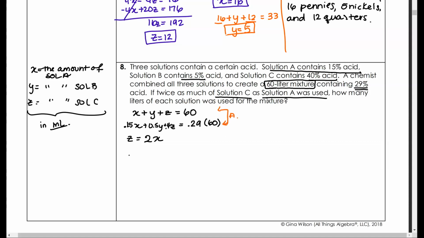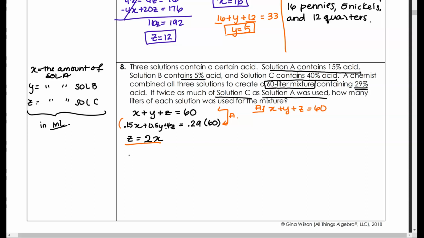And we're going to combine them and get rid of Y so that I can use this last equation. So here is our A. So I'm going to have X plus Y plus Z equals 60. And then I'm going to have 0.15X. And actually, I'm just going to get rid of the decimals.